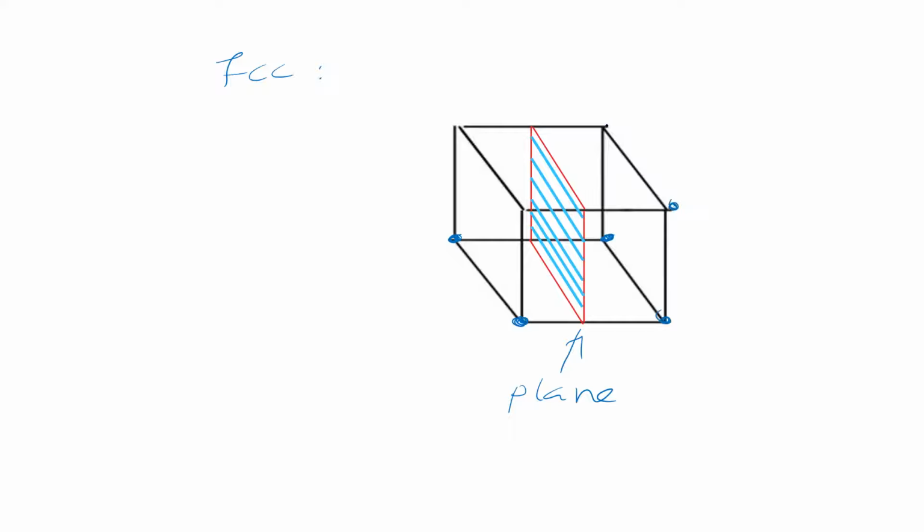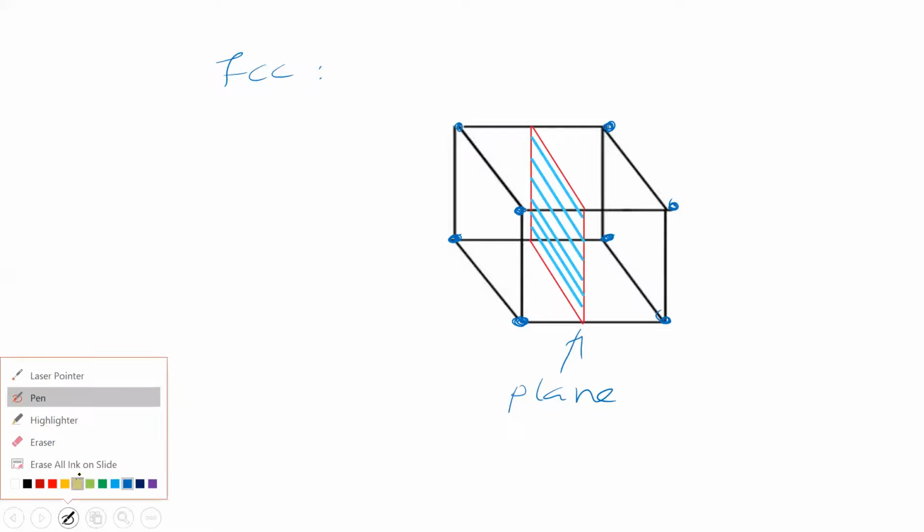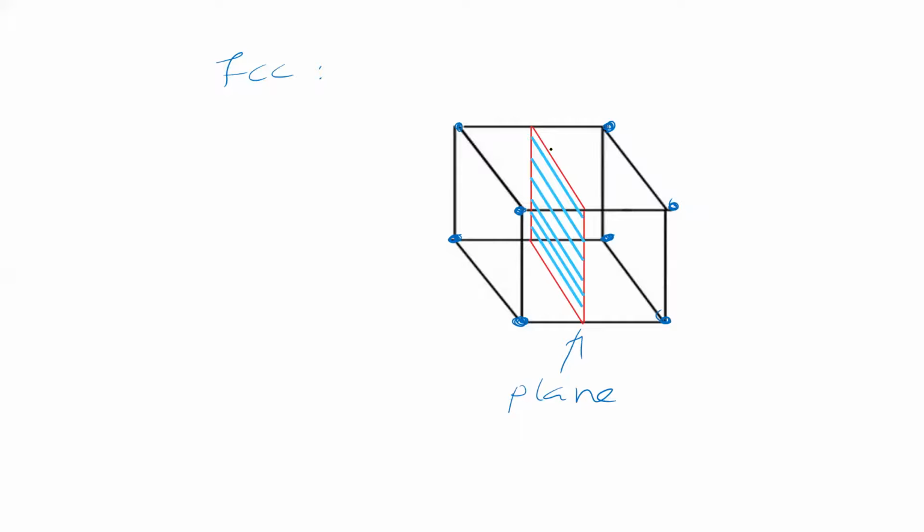We are mentioning the corners, then we will mention the face centers: this is the top face center, the back face center, the front face center, and the bottom face center. Okay, face centers are mentioned.